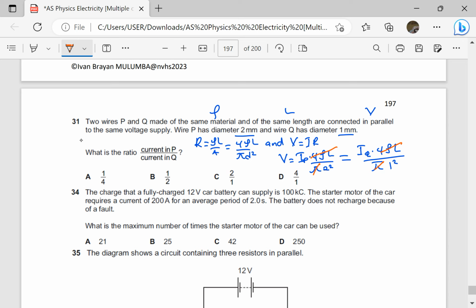So IP over 2 squared, which is 4, is equal to IQ over 1 squared, which is 1. So IP divided by IQ is going to be equal to 4 over 1, which makes our answer precisely D.